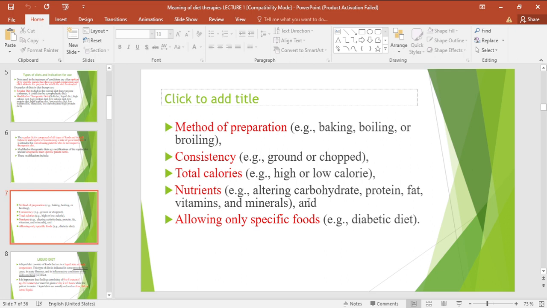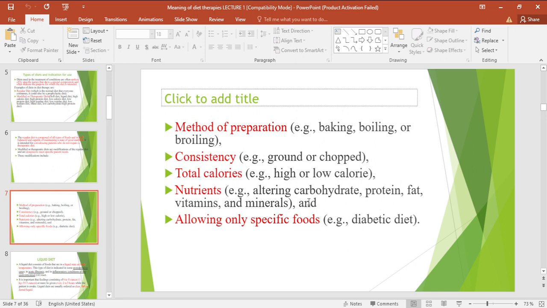Consistency. We may grind this food into fine pieces that are soft enough for a patient to take in, or chop it into desirable pieces. And then the total calories. Here we have to consider the amount of calories that the patient may need. Does the patient require high calories or low calories? And why?